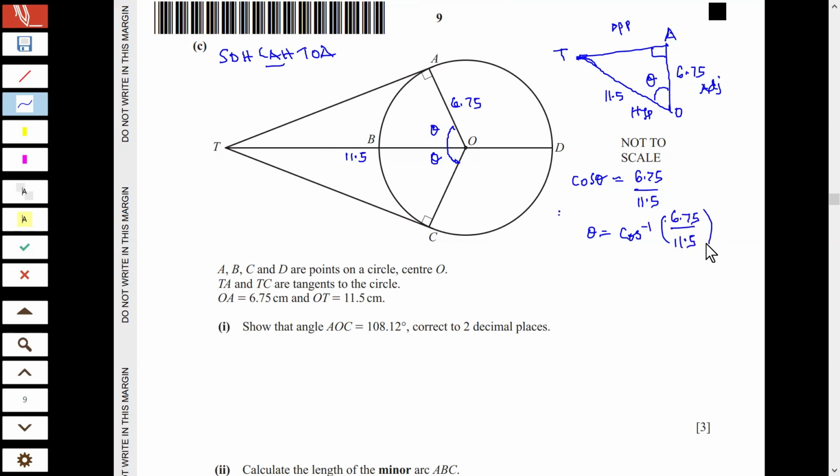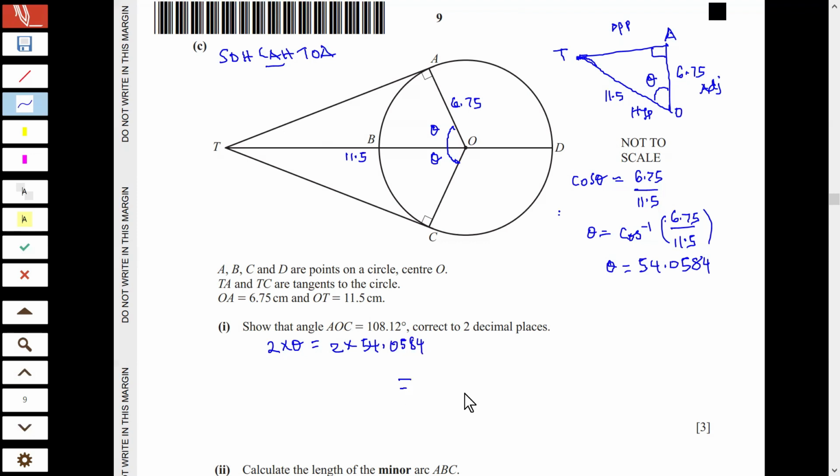So use your calculator to find the cos inverse. Theta will be given as 54.0584. Since the angles are equal, all you have to do is multiply this: 2 times theta, which will be 2 times 54.0584.